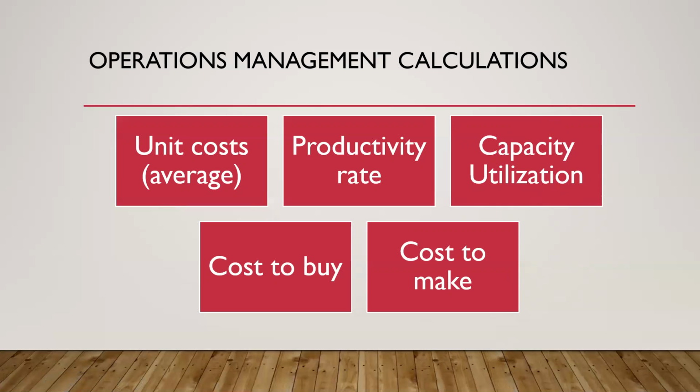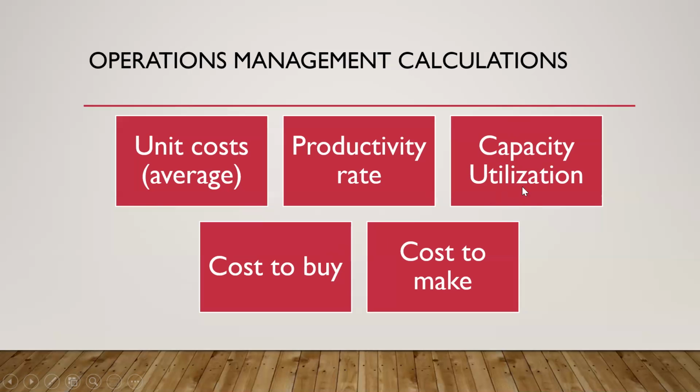Why is this important? Well, you don't want to be using too low a capacity, and just have far too big a factory. If it's a really low capacity utilization, you're not using all your resources. But if your capacity utilization is getting very, very high, really close to 100%, the risk then is that maybe you're pushing your equipment, you're pushing your resources too hard, and you might have a breakdown, for example.